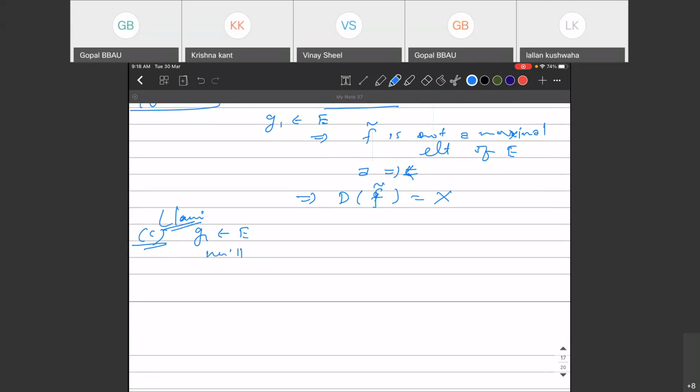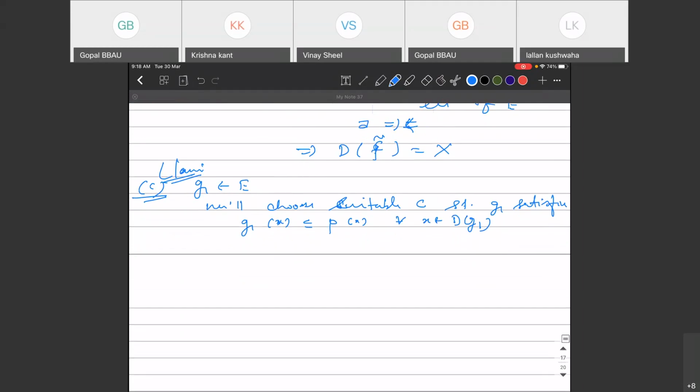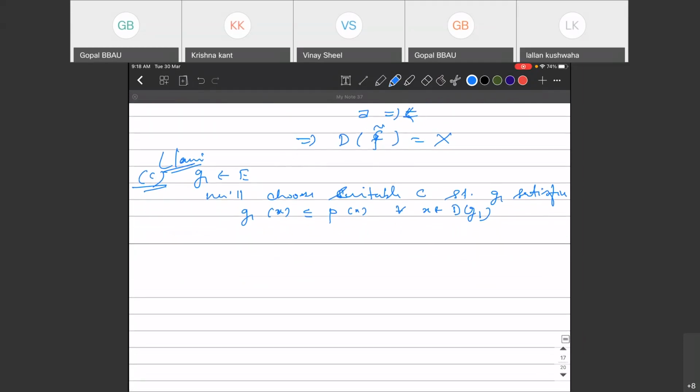So we'll choose a suitable c such that G1 satisfies G1 x less than or equal to p x for all x in the domain of G1.